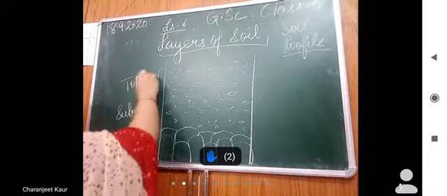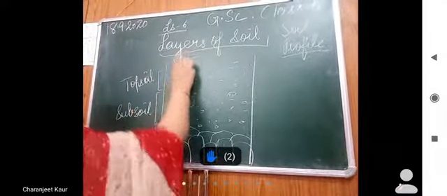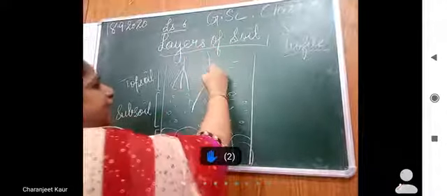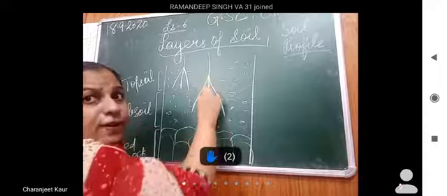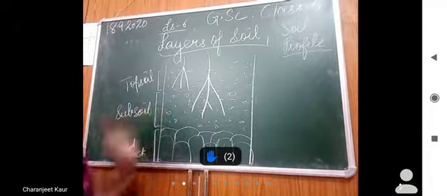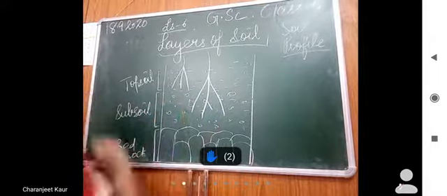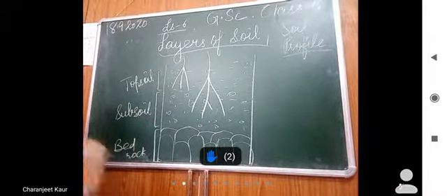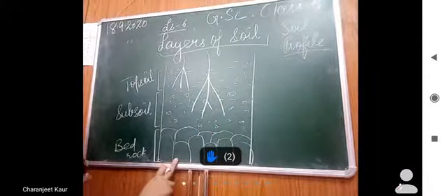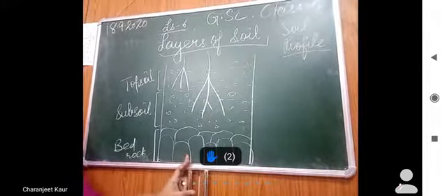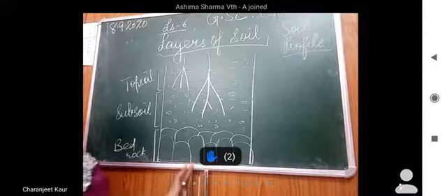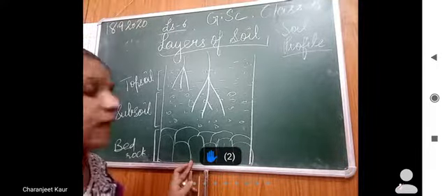Topsoil is that layer where the plants grow, right? And the roots of the trees reach up to subsoil to get water. Water is present in subsoil, but very little humus is there. In bedrock, it is deep inside the earth. Here there are large pieces of rocks and no humus.